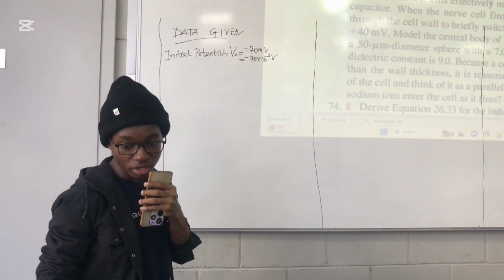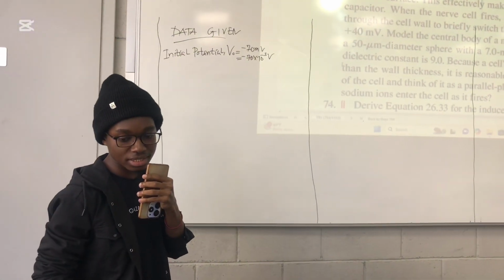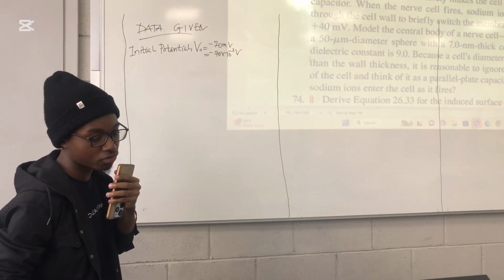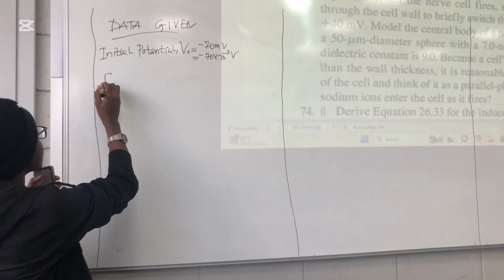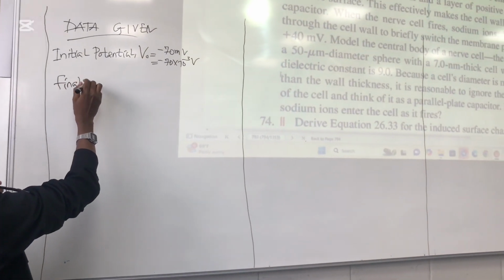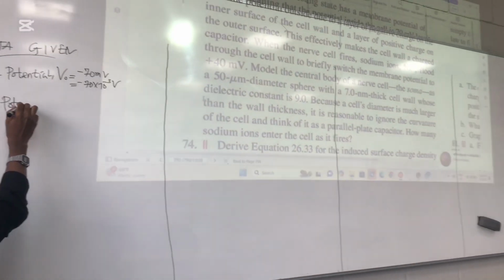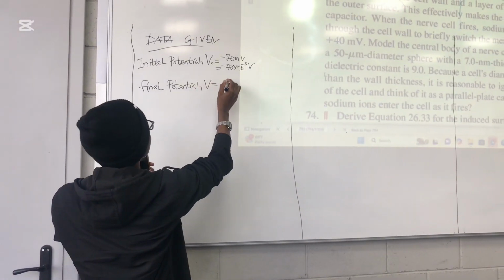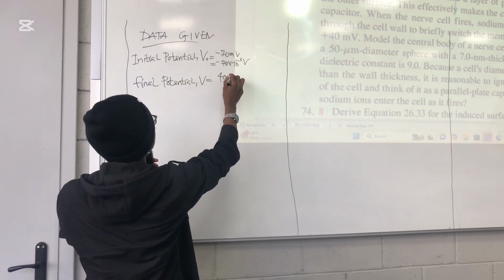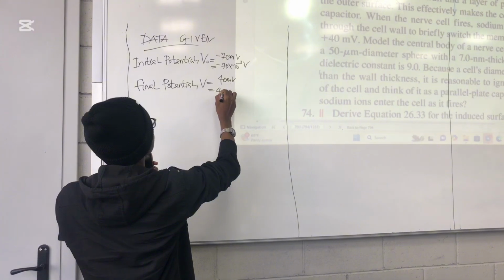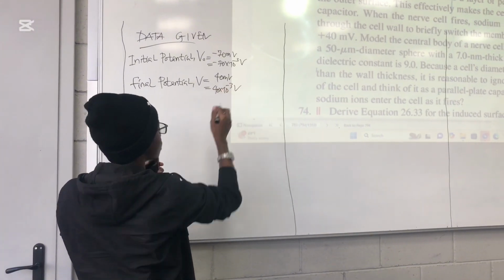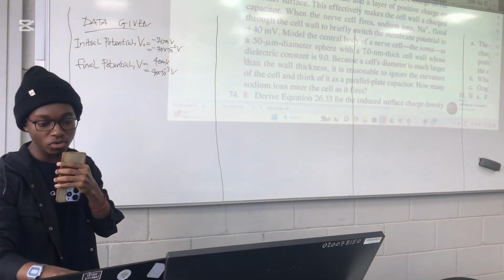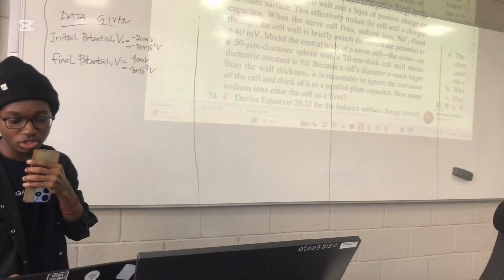But also, when the sodium ions start to enter the cell membrane, the inside of the cell has the final potential of positive 40 millivolts. So the final potential, we can call it just V, is equal to 40 millivolt, which is equal to 40 times 10 power negative 3 volts.